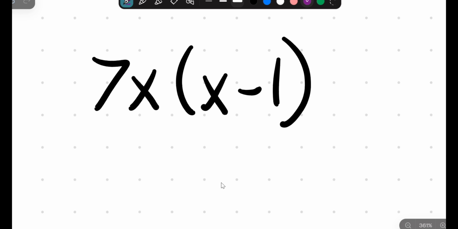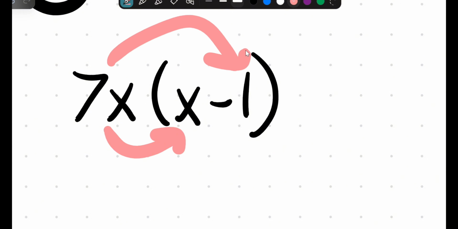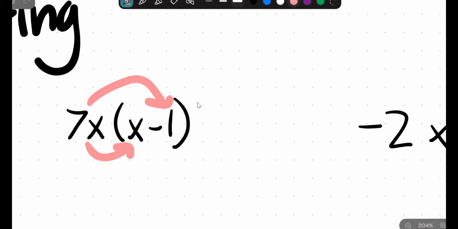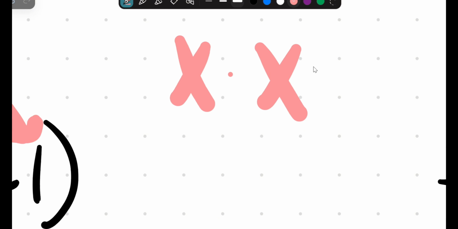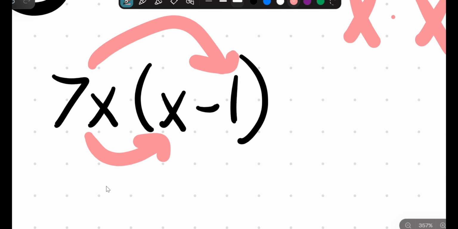Okay, then we have 7x times x minus 1. So here we're going to be distributing our 7x to our x and our 7x to negative 1. Now, here's one thing that I want to make sure you guys remember. If we multiply an x by an x, it becomes x squared, right? So don't let that trip you guys up.